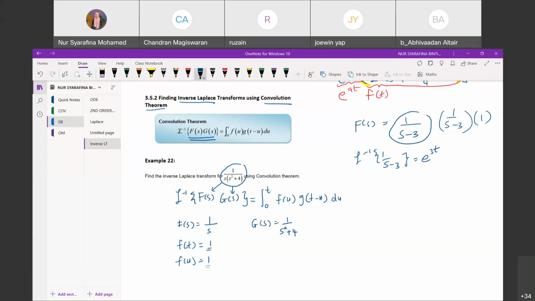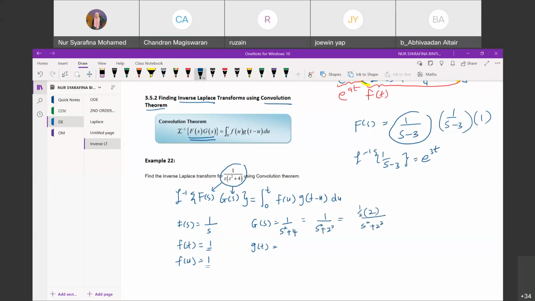Now G(s). When G(s) is 1 over s squared plus 4, what is your g(t)? Directly transform based on the table. This is s squared plus 2 squared, so you need to have 2 in the numerator, but we want to remain with 1, so multiply with 1 over 2.